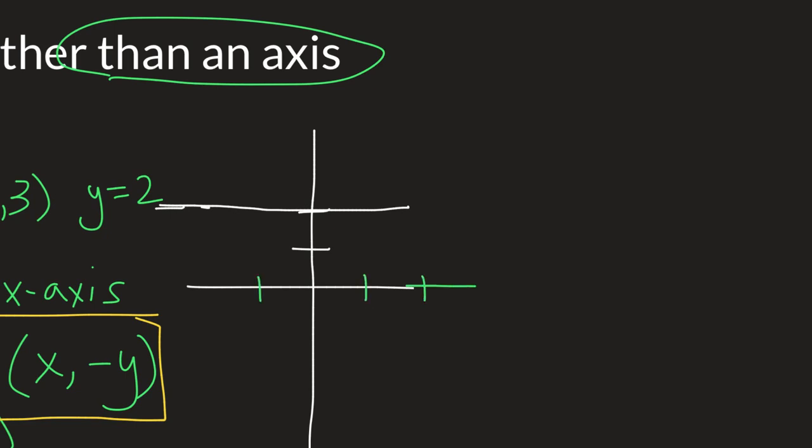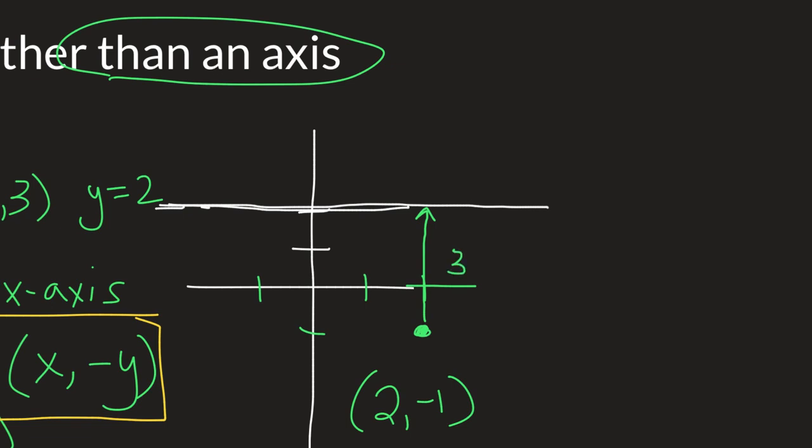Okay, so let's consider the point (2, -1). If I was going to reflect the point (2, -1) across the line y equals 2, right, because this is a congruence transformation, the distance that my point is away from that line of reflection, in this case that distance is 3, needs to be the exact same as the distance that it becomes reflected at, on the other side of your line of reflection.